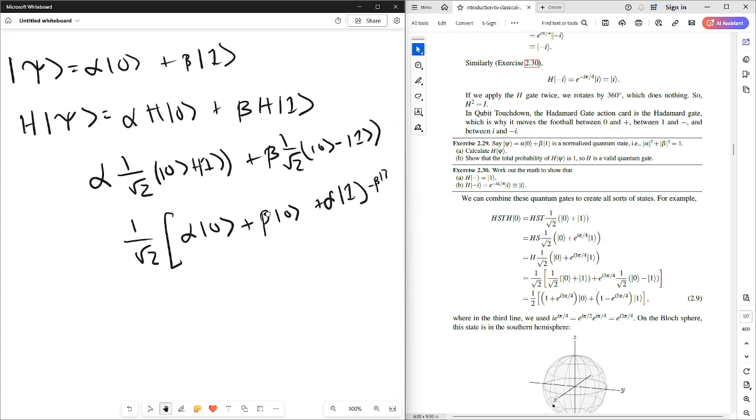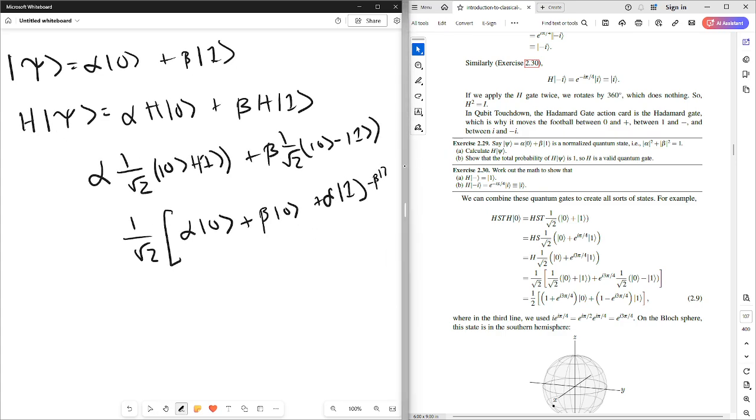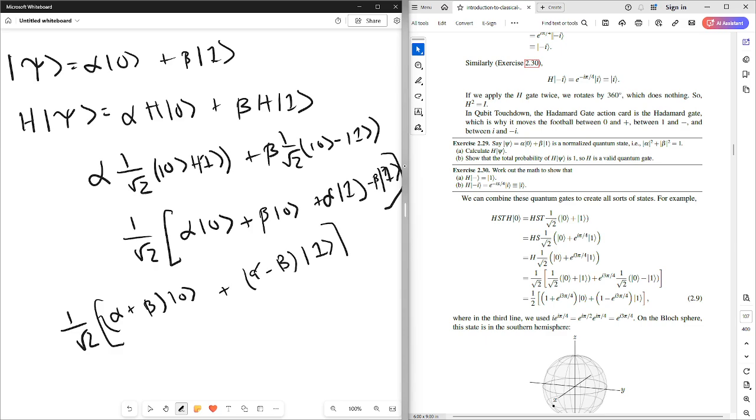That leads us to 1 over square root of 2 times alpha plus beta state 0, plus alpha minus beta state 1.